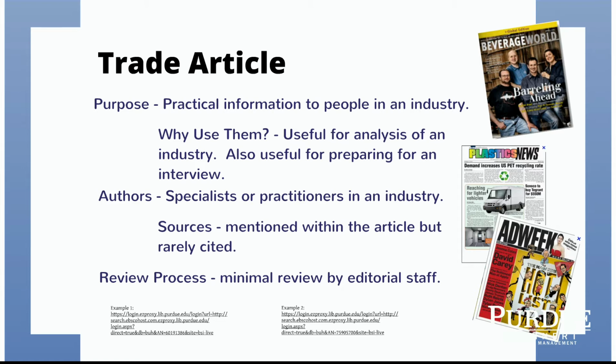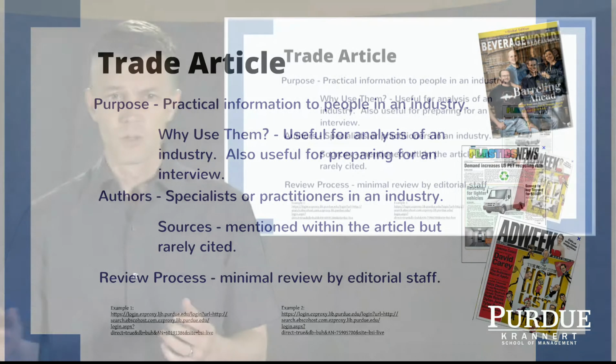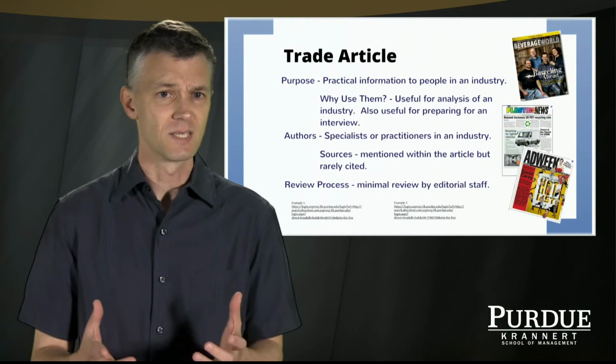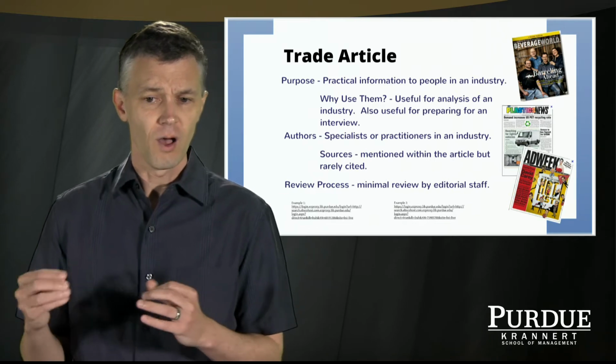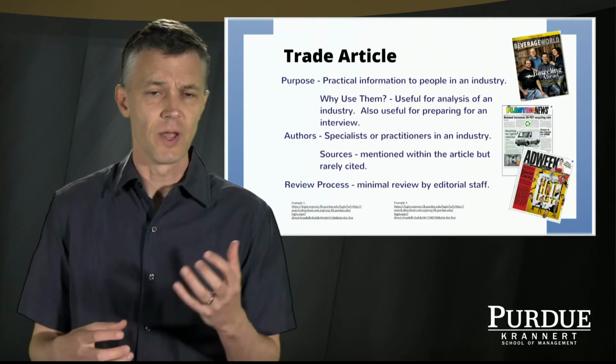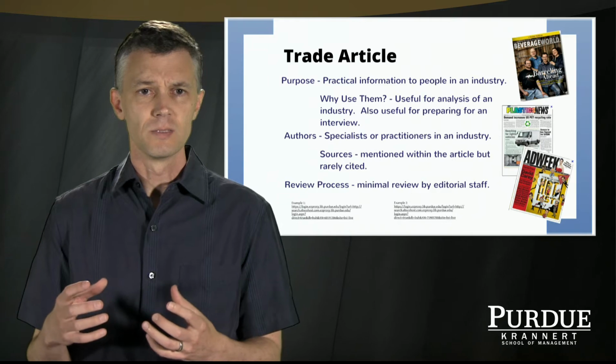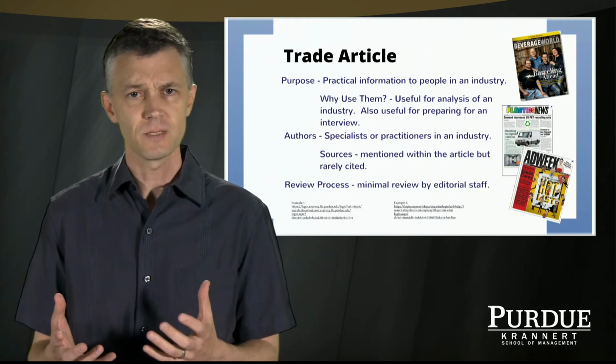It's highly unlikely that you'll ever find these on the shelf at Barnes & Noble. What do you use them for? You use them for analyzing an industry. You look for examples of what companies are doing. You look for actual case studies of companies implementing a new HR program, detailing what their supply chain is.